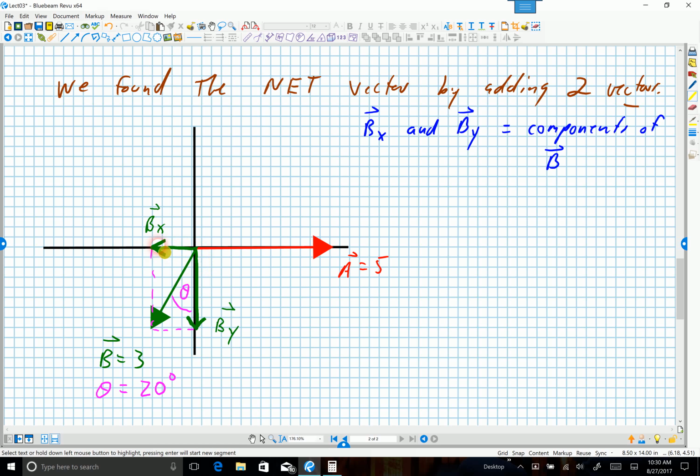These two perpendicular vectors, bx and by, are the components of vector b. So I'm decomposing vector b into two perpendicular vectors.